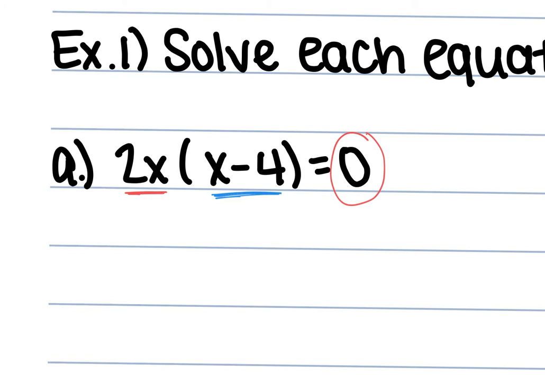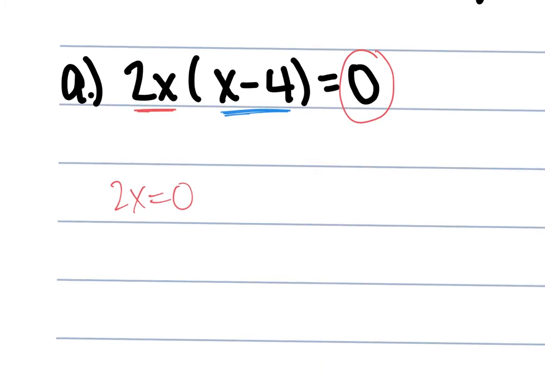So then we set each of them equal to 0. Our first equation is going to be 2x equals 0, just the first term equal to 0. And what do you think the second thing is going to be? x minus 4 equals 0. So in this case we're going to get two solutions, or two roots, of the equation.